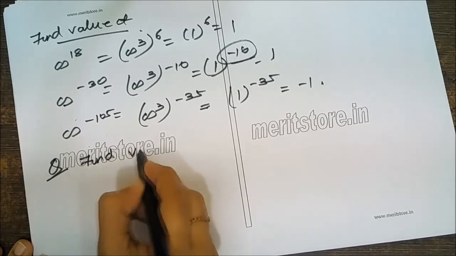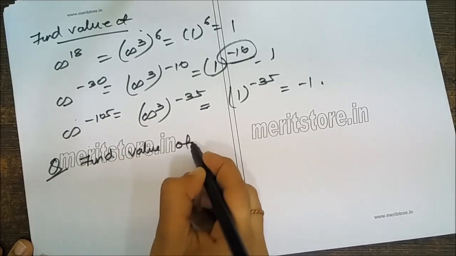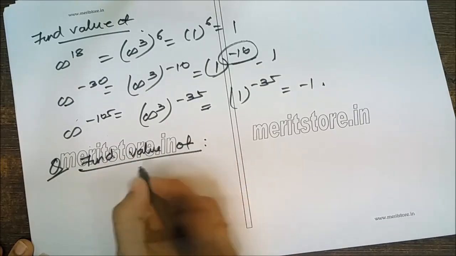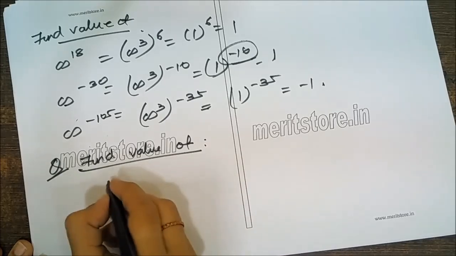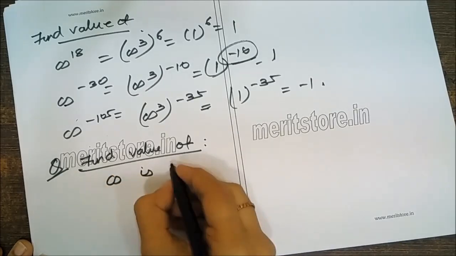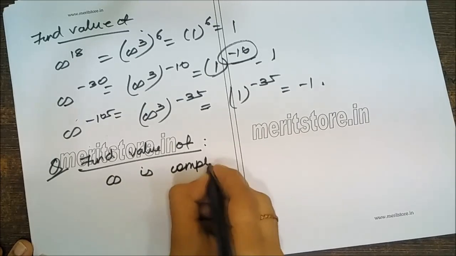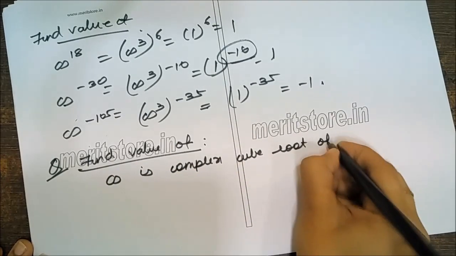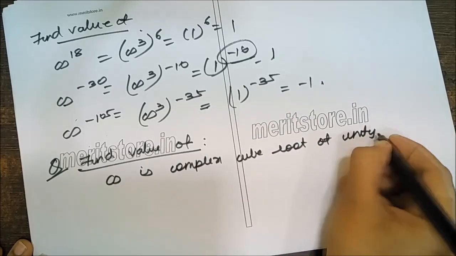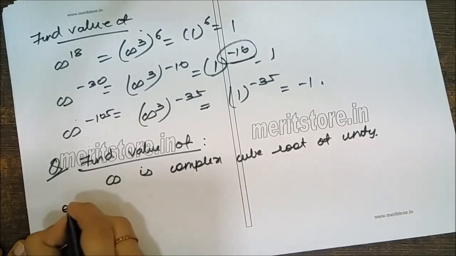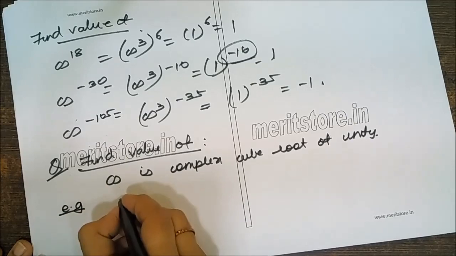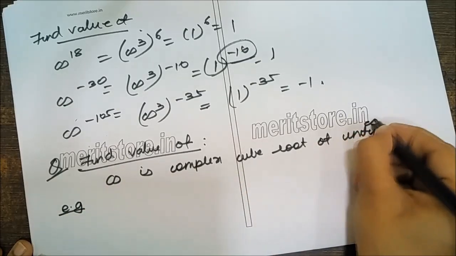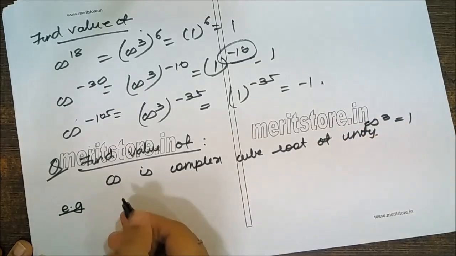Find the value of the expression, where omega is the complex cube root of unity. We know that omega cube will be equal to 1.